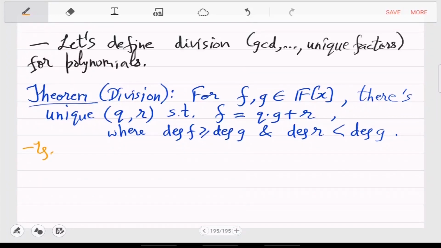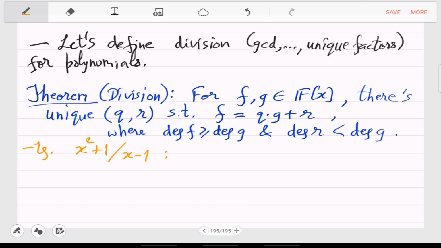So how do you divide, let's say, x square plus 1 by x minus 1? Do you remember the division process? Right, so you multiply the divisor by x because you want to cancel x square, and then you proceed.